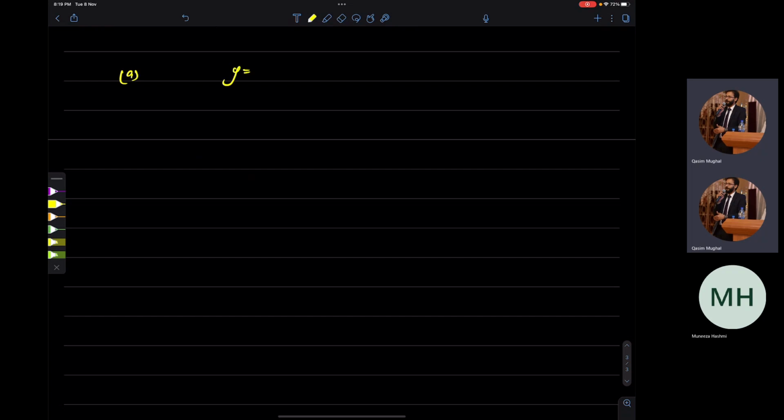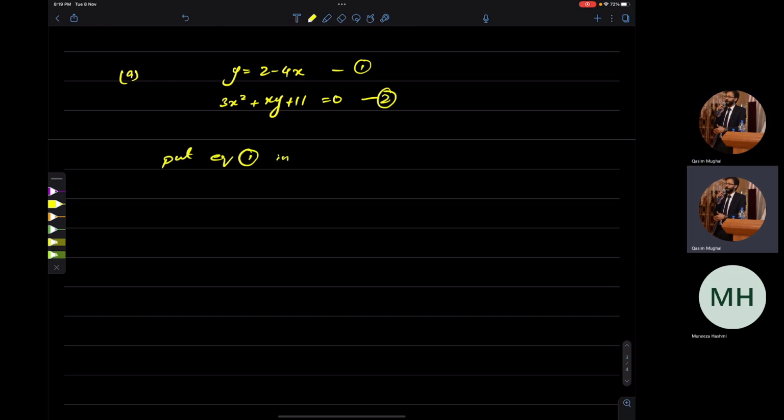So y equals 2 minus 4x, that's equation 1. And then 3x squared plus xy plus 11 equals 0, that's equation 2. So I'm going to put equation 1 in equation 2.